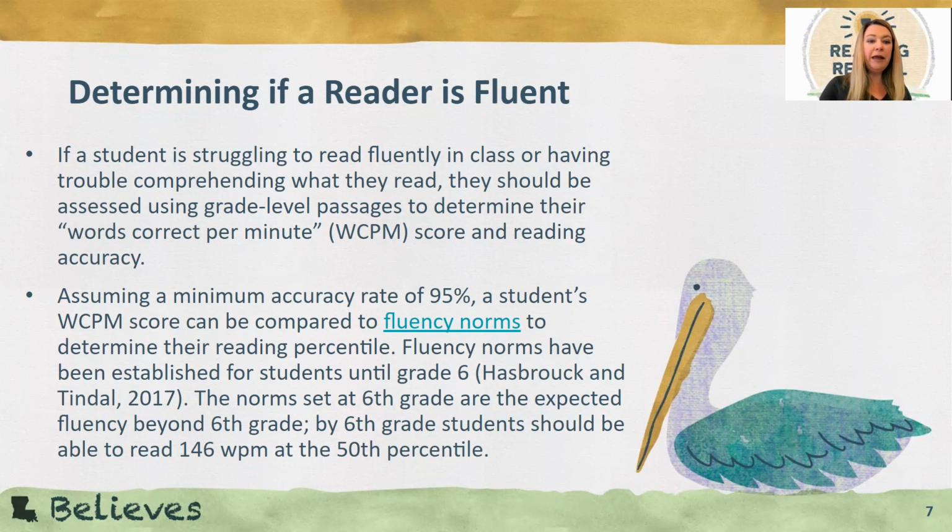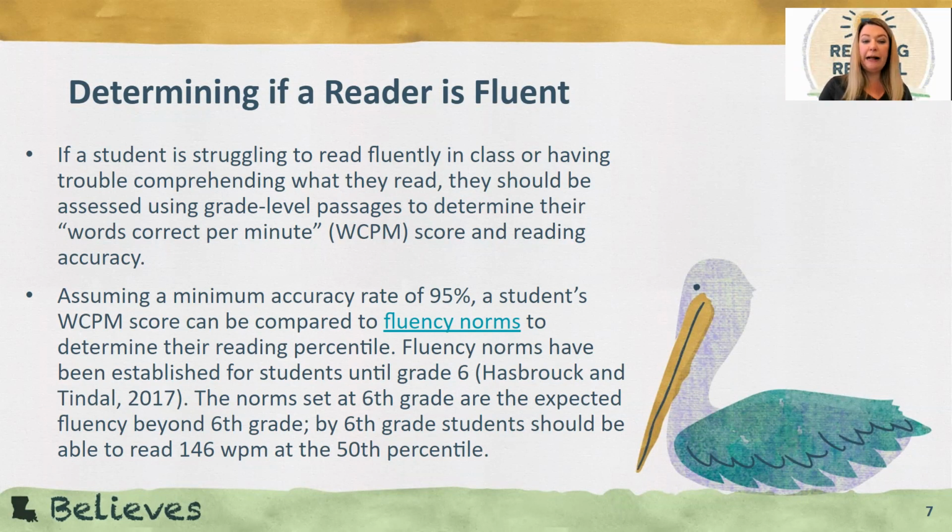So assuming a minimum accuracy rate of 95%, a student's words correct per minute, or WCPM, score can be compared to fluency norms to determine their reading percentile. What that means is as they're reading, they have to get at least 95% of the words correct or greater. And then when you look at the fluency norms chart, it's going to tell you they're in the 50th percentile in this grade level, or they're in the 75th percentile in this grade level.